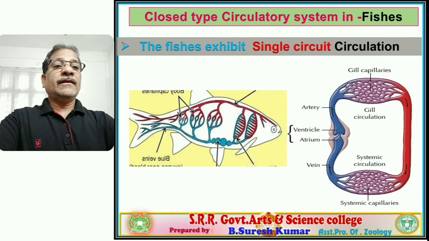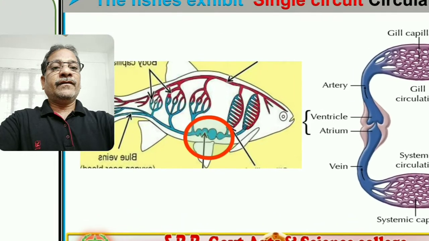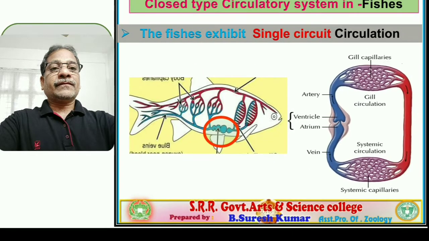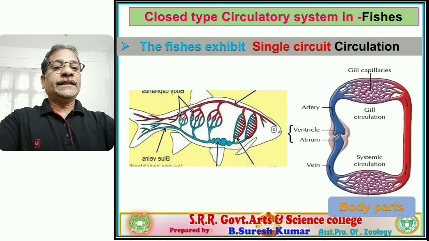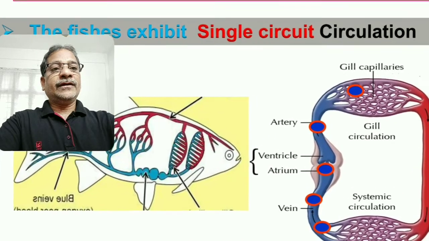So this is the single circulation mechanism, and you observe the circle, it is the heart of a fish. Next, you observe the circulation phenomena, the body parts. From the body parts, the deoxygenated blood is collected into the heart chambers and pumped into the gills. Alright, right?